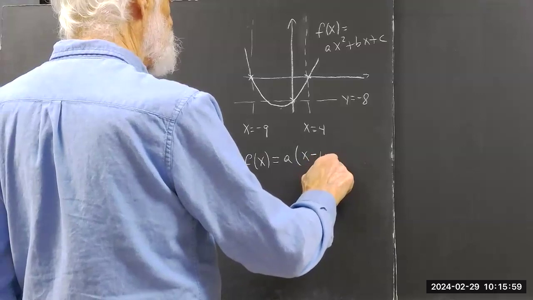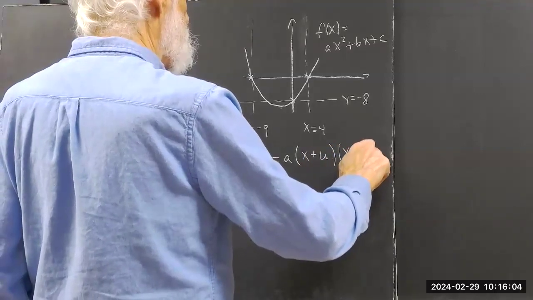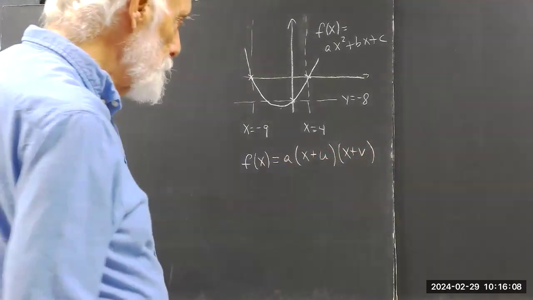I'm going to use u. Say f of x is a times (x plus u) times (x plus b).